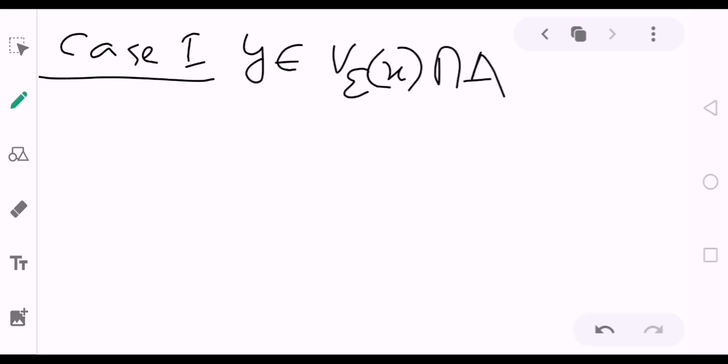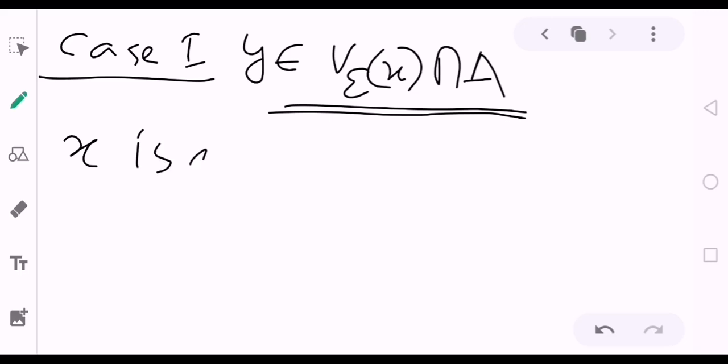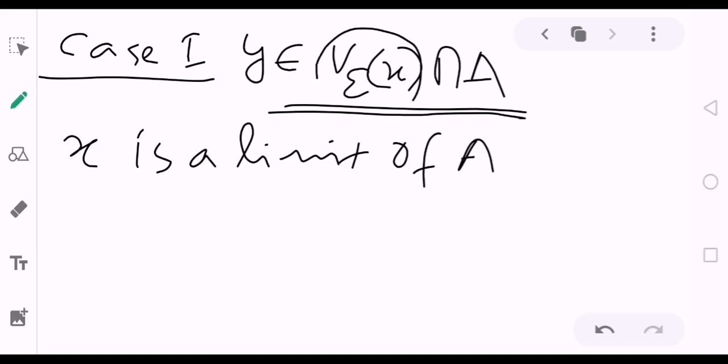So in the first case, we have y is an element of V epsilon x intersection A. So what does it mean? Y is an element of V epsilon x, which means that x is a limit point of A, because in the neighborhood of x and A there is a point which is not equal to x.